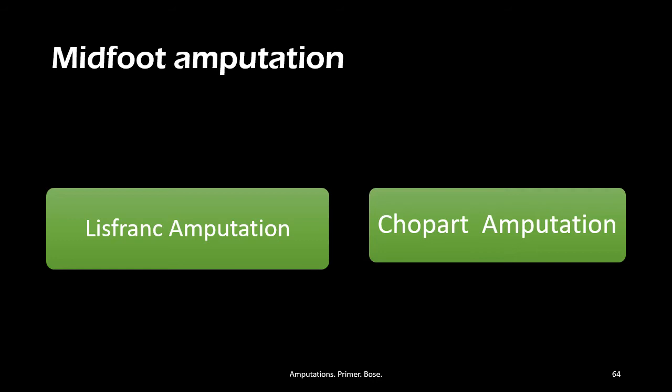Chopard's amputation is actually a mid-tarsal disarticulation in which the calcaneus and the talus are preserved. This too causes an unstable stump, which are poor candidates for prosthetic device. Hence, these surgeries may be revised to a hindfoot amputation, but not always.